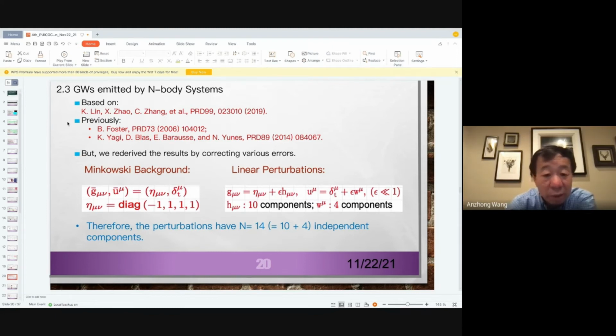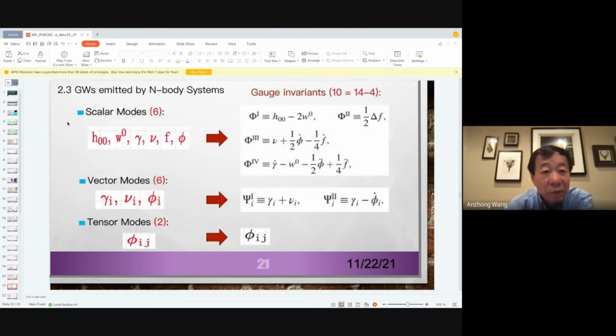So in this theory, you can see there are 14 independent components. Like in Einstein's case, we decompose these 14 into scalar mode, vector mode, and tensor mode. I will not go into the technical details. Just say that from these scalar, vector, and tensor modes, we can construct gauge invariants.